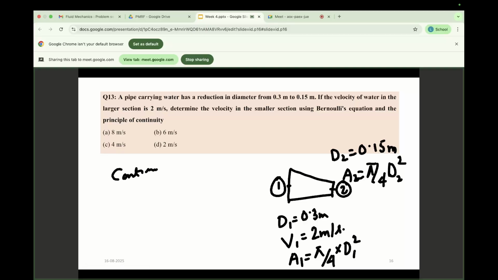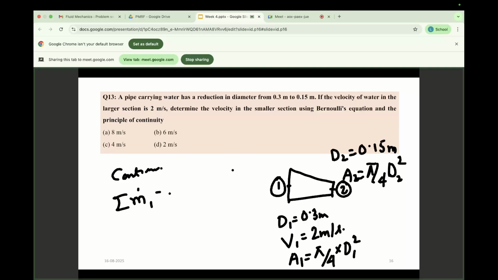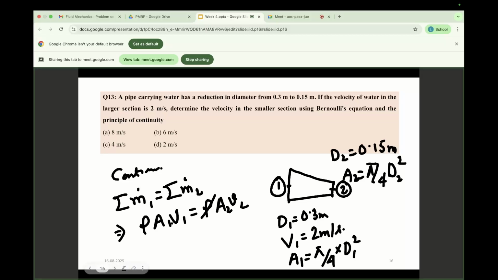The continuity equation says summation of m1 dot equals summation of m2 dot, inlet and outlet. At inlet it is rho A1 V1, at outlet it is rho A2 V2. As density is the same, it cancels out. I need to find V2, so V2 is A1 by A2 times V1.